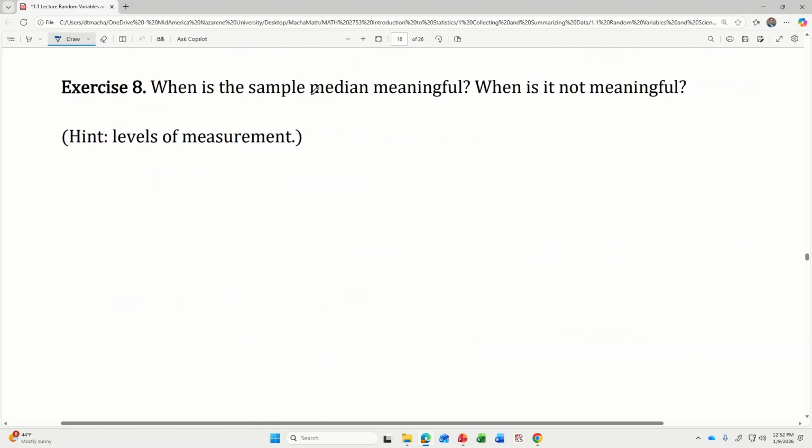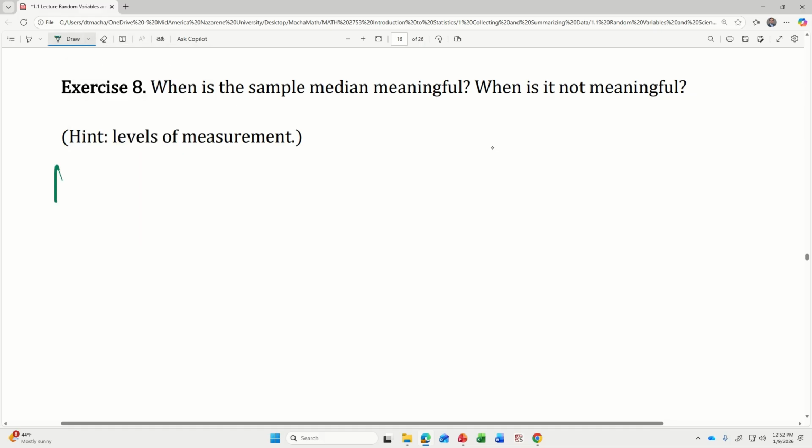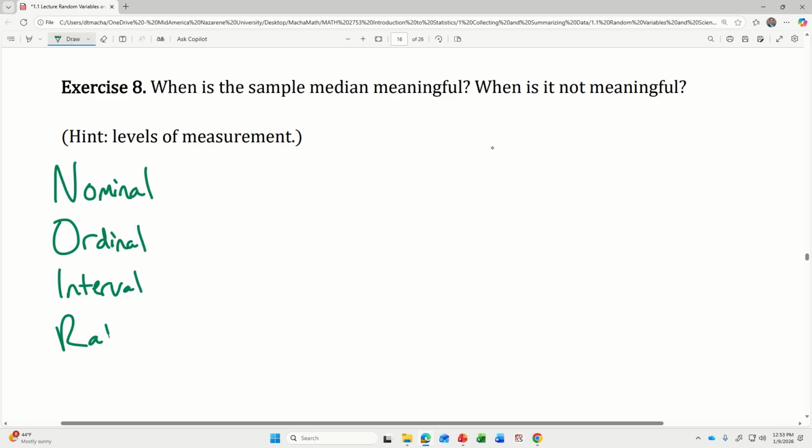When is the sample median meaningful? When is it not meaningful? Let's think about the levels of measurement: nominal, ordinal, interval, and ratio. The median is the middle outcome.